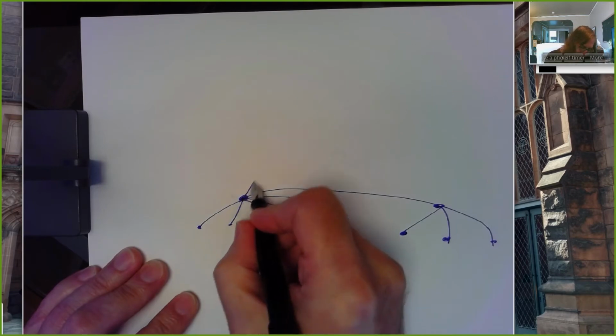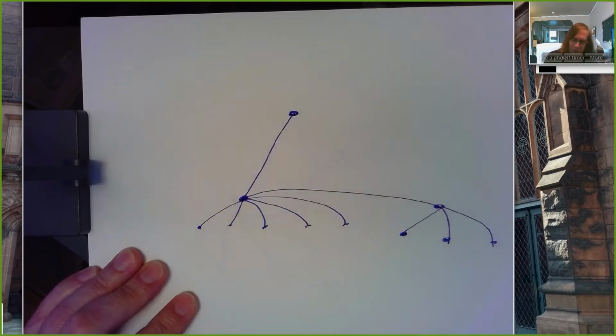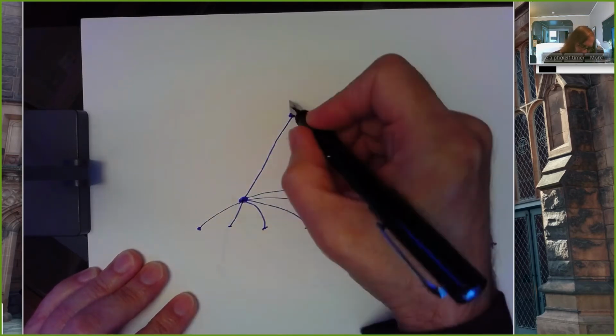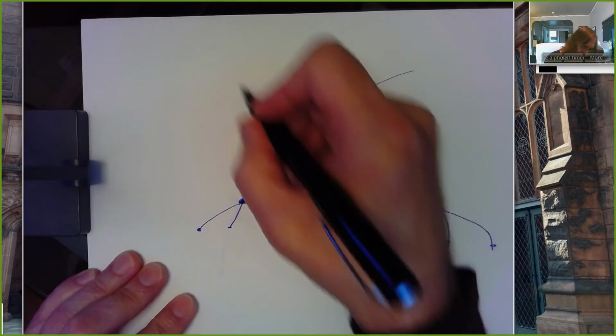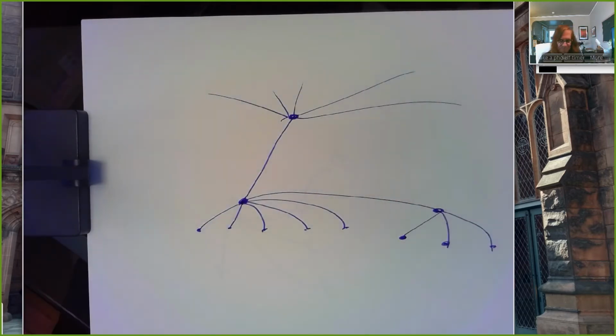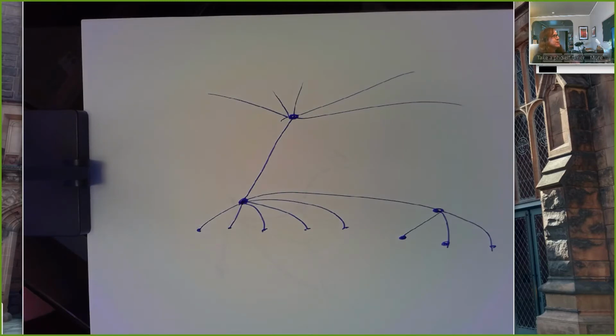And where does this router go? Well, it goes out to Comcast somewhere, and from there there's links going to other parts of the trunk, and so there's a big network.